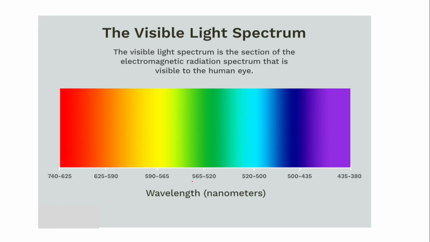So here I begin by first analyzing the sun visible spectrum, and this is a picture of the sun visible spectrum. You see the wavelengths are in nanometers, and the longest wavelength of 740 nanometer corresponds to red color, and the shortest wavelength, that is 380 nanometer, corresponds to violet or indigo.